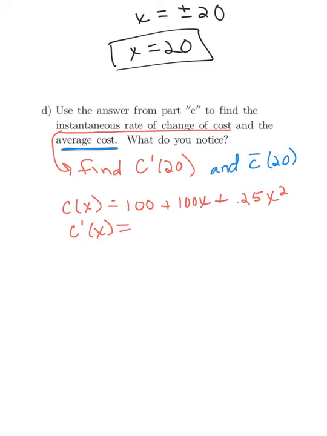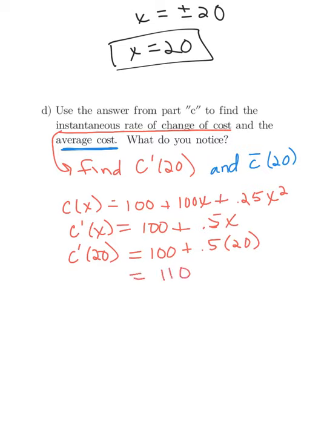The derivative of 100x is going to just be 100 plus, take 2 times 0.25, you're going to get 0.5 x to the first now. Then it says we need to do C prime of 20. So we are going to take that C prime that we just found and put 20 into it. So we will have 100 plus 0.5 times 20. Half of 20 is 10. So we get 110.